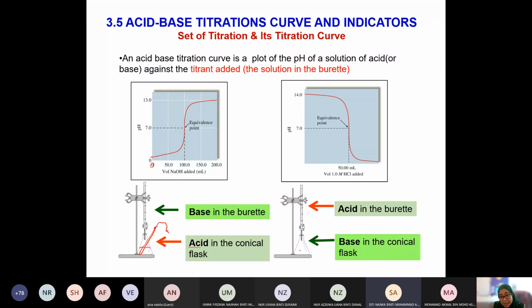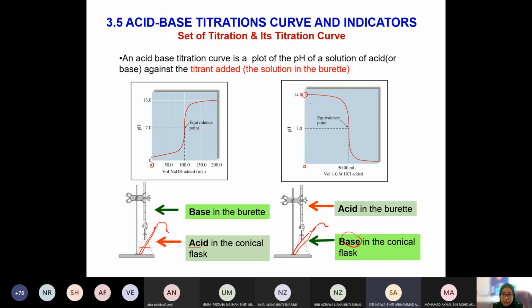But if you have base in the flask, guys, if you have base in the flask and acid in the burette, again, you place your pH meter in the conical flask. So since the conical flask has base, that's why at 0 volume, meaning before the titrant is added, before the solution in the burette is added, the pH is already 14.